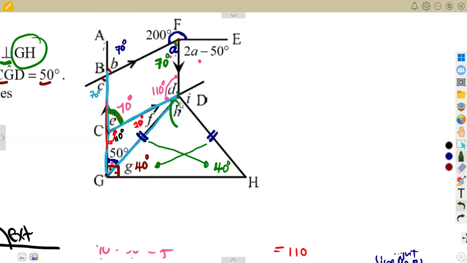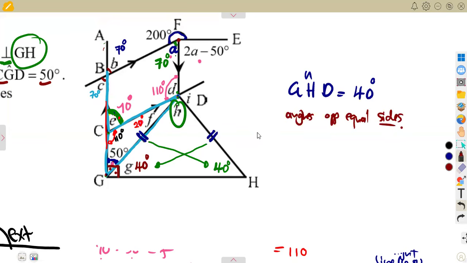Not this H here, but this H from GHD. Let's write it this way: GHD is equal to 40 degrees. That is, opposite angles, opposite equal sides.